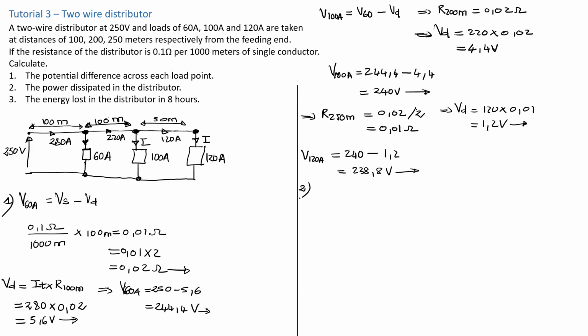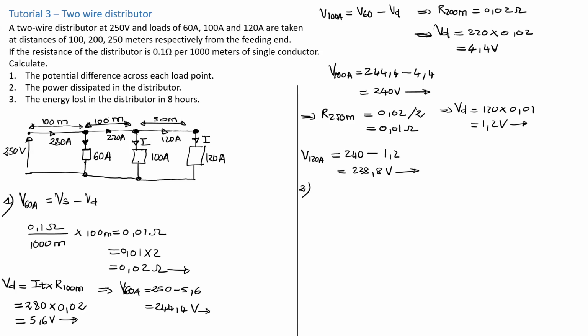Question 2 here, we need to find the power dissipated in the distributor. Now, this is not the power dissipated across the load. It's not that. Because the power across the load here is going to be big. For instance, at this point here, you've got 240 volt and you've got 100 amp here.